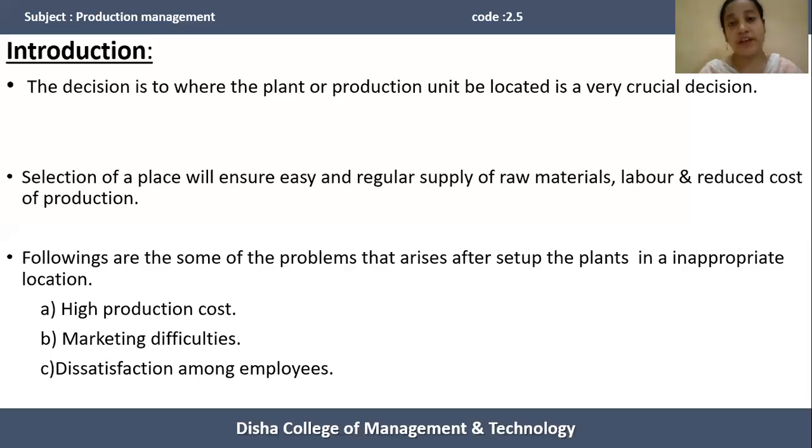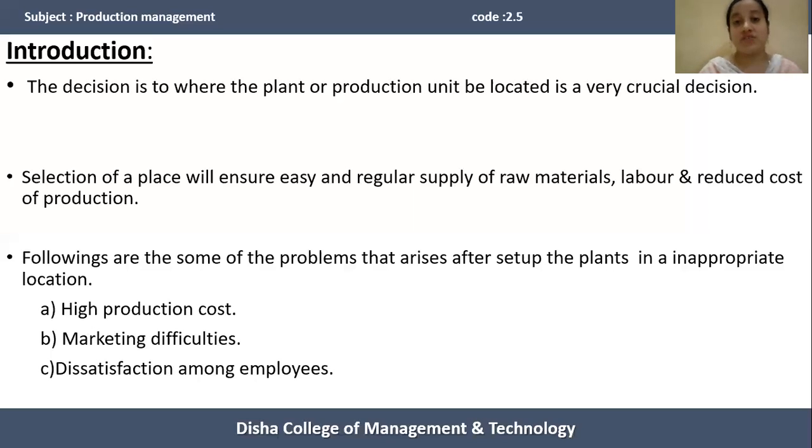They are not able to find good educational institutions for their kids, and sometimes they are not able to fulfill their basic requirements easily. So if the industry is far away from the cities, this creates dissatisfaction among employees. Sometimes this factor leads to absenteeism, leads to turnover.